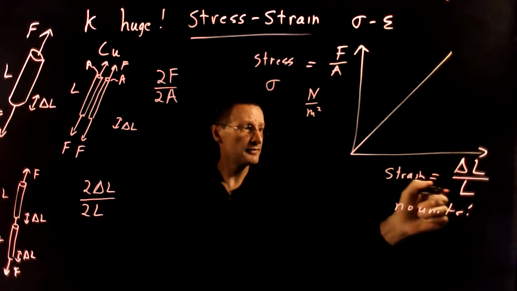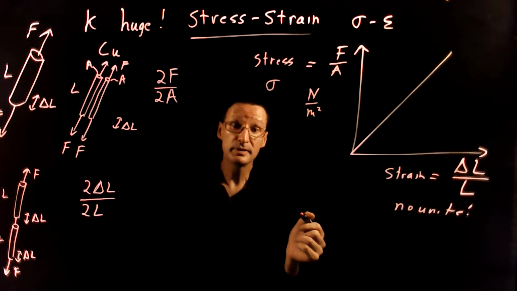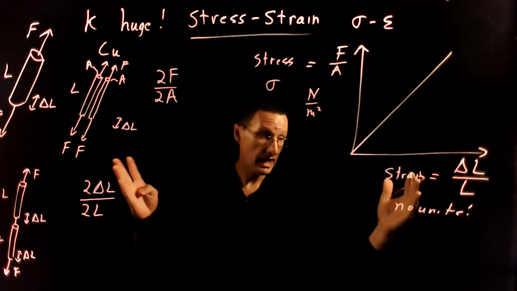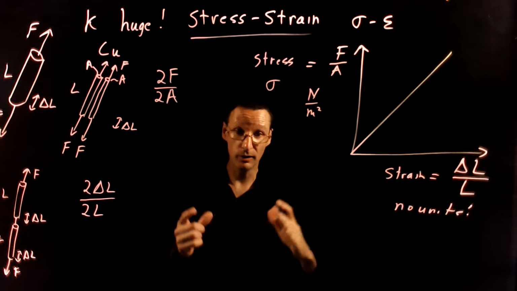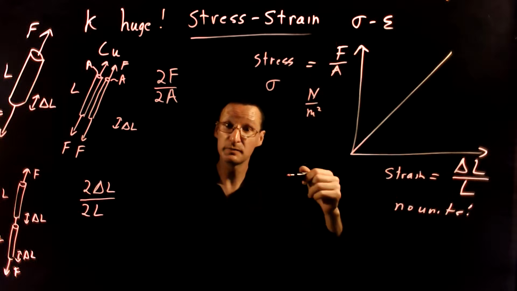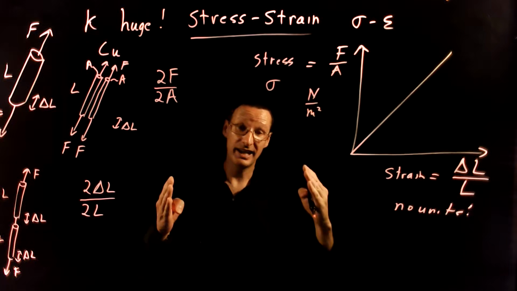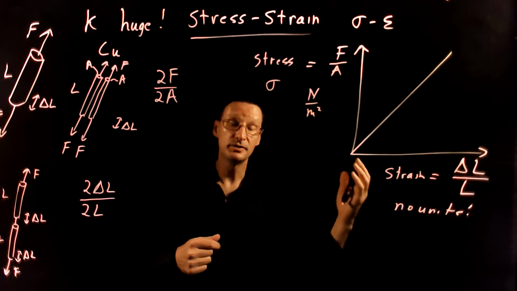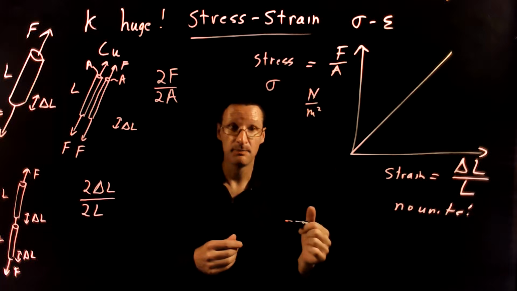Okay, you can think of this strain as the percent increase of the wire, or the object, taking into account that longer things will stretch more. And stress, you can think of it like the force per unit area, taking into account that thicker things will require more force to stretch the same amount.